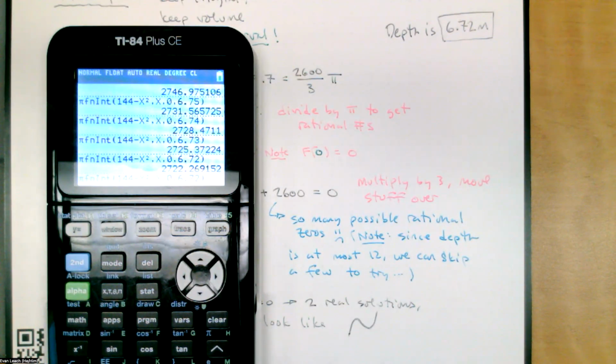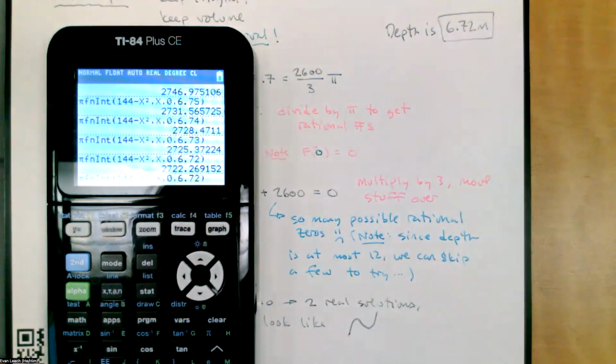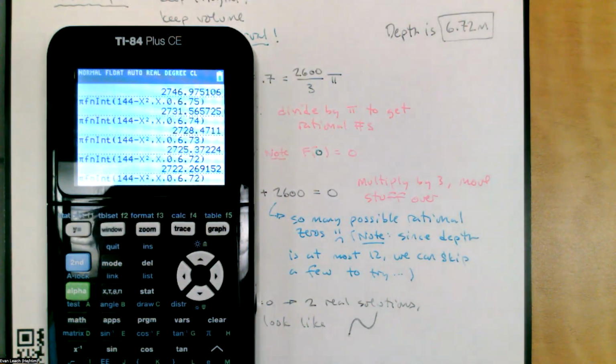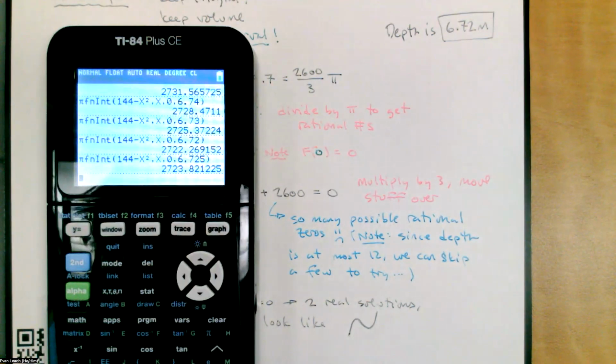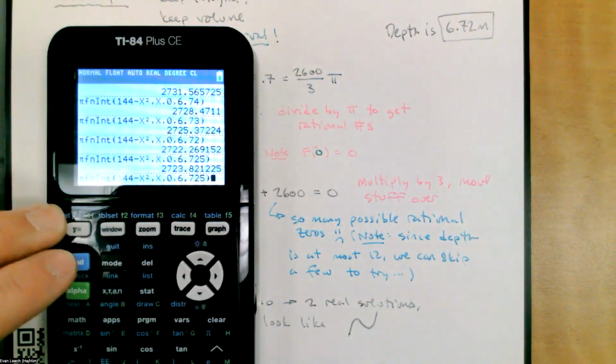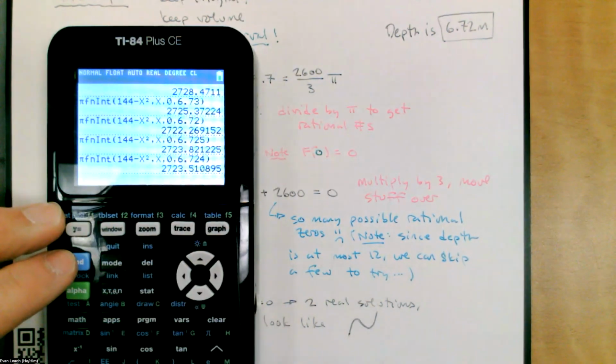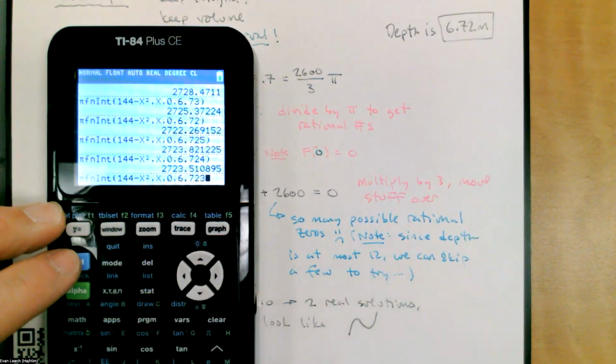But if we needed to go further, we've got the value surrounded. That's between 6.72 and 6.73. So we just keep going. That's high. That's still high.